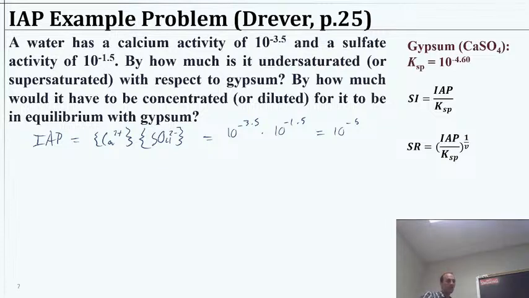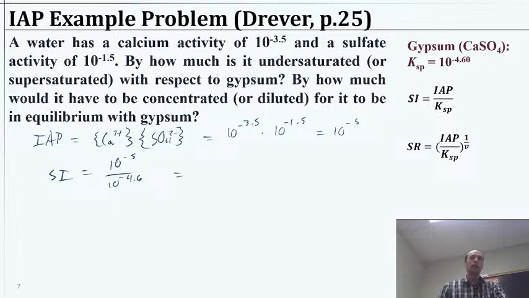Okay. So the IAP then, like we said, this should be the activity, two activities times each other. And we were given both activities, 10 to the minus 3.5, 10 to the minus 1.5. So really we can just add those exponents, so it should become 10 to the minus 5, if I'm not mistaken on that. Then we could say our saturation index would be 10 to the minus 5 divided by 10 to the minus 4.6.